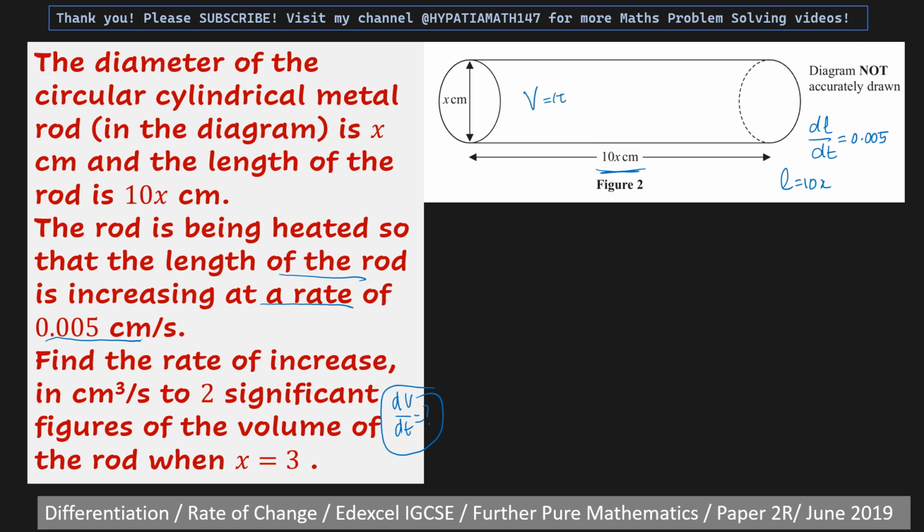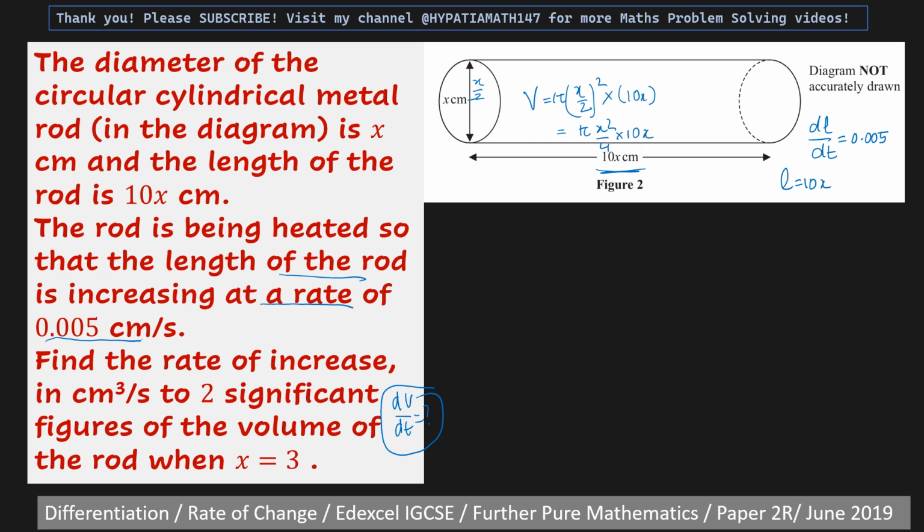So pi times r squared, which is x over 2, that's the radius, x over 2 squared, times the height or the length, 10x. So that would equal pi x squared over 4 times 10x.